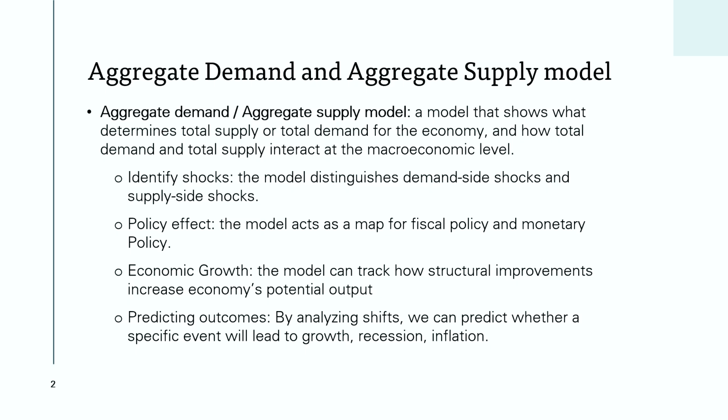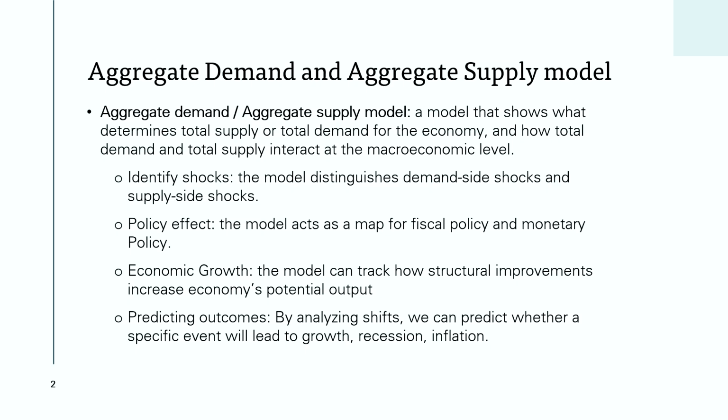Second, understanding policy effects. The model acts as a map for fiscal policy, such as government spending and tax cuts, and monetary policy, raising federal rates. Third, tracking economic growth.